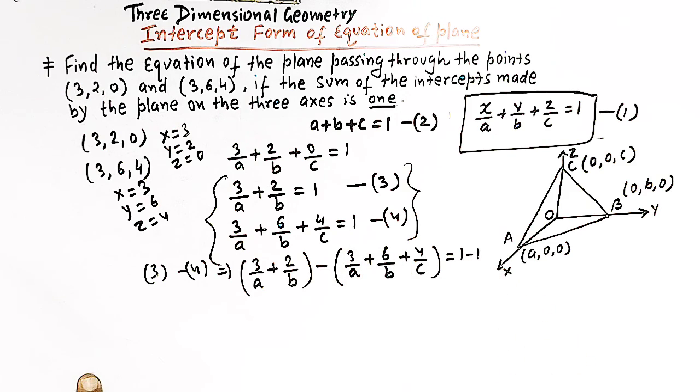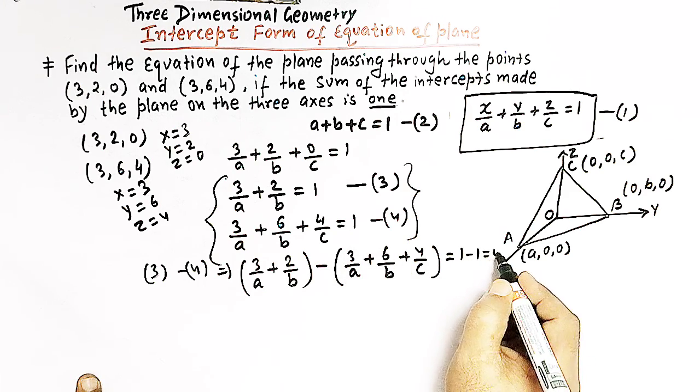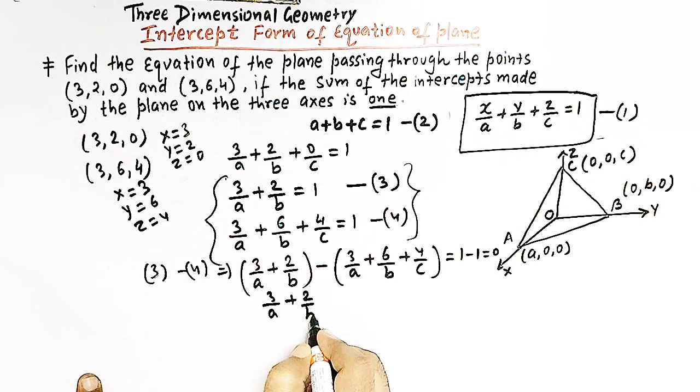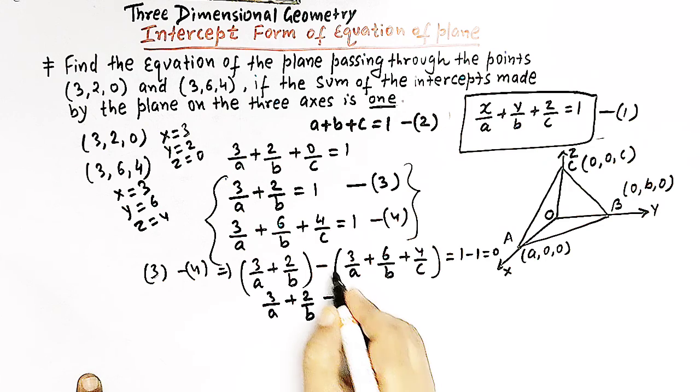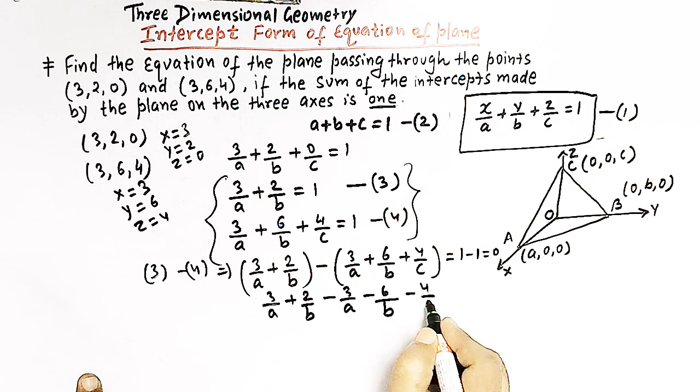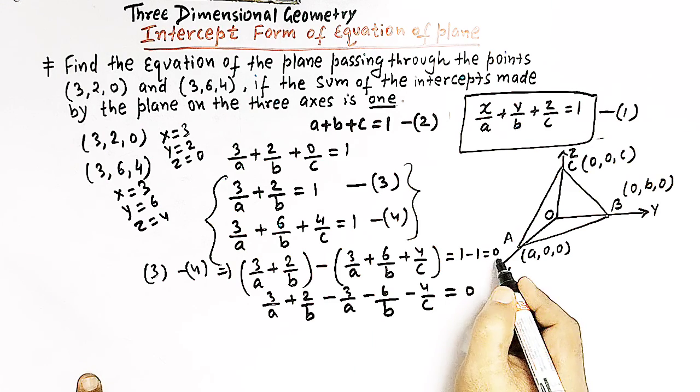So we have 1 minus 1, that is equal to 0, right? So here we have 3 over a plus 2 over b, then here we have minus 3 over a minus 6 over b minus 4 over c is equal to 0.